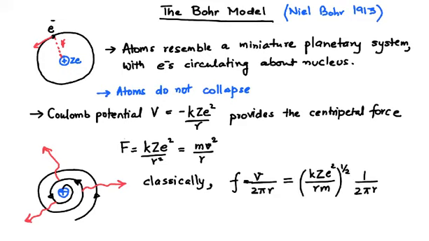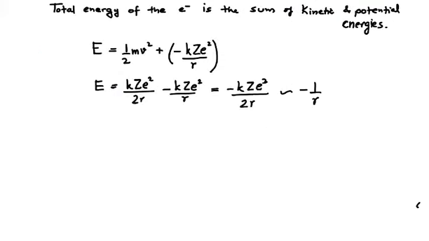Now I have substituted the value of v from this equation into here, and that gives us the frequency, and then I can further solve it and show that this value of frequency is approximately proportional to 1 over r to the power 3 by 2.